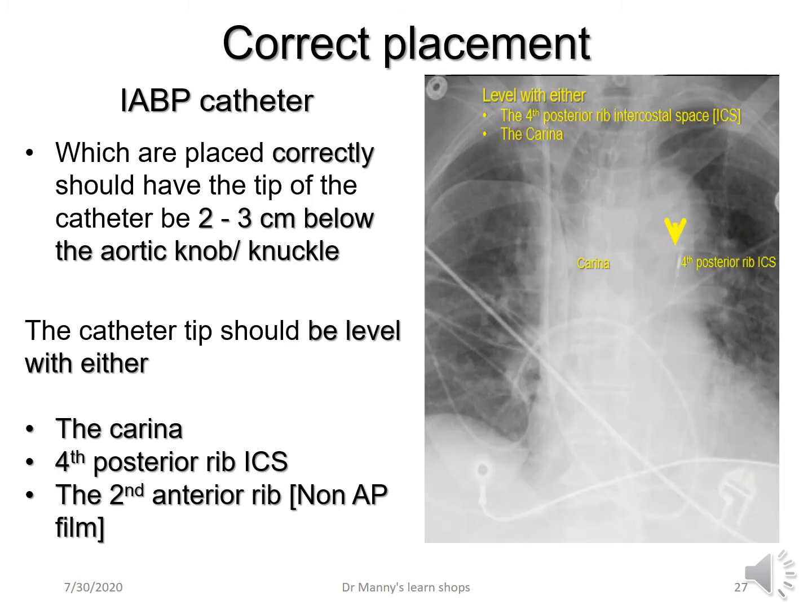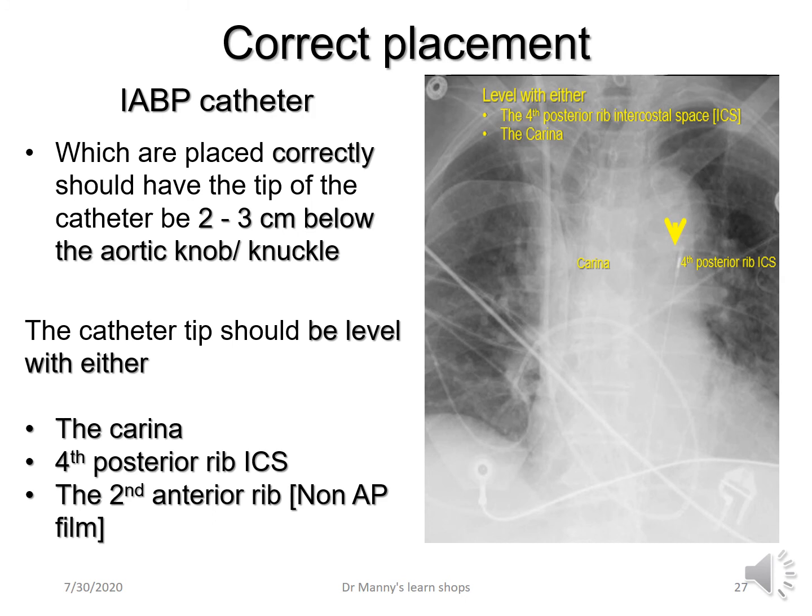Again, level with either the fourth posterior rib intercostal space, the carina. I haven't included the anterior rib here because this is an AP film. Very difficult to see. Interestingly enough here, you can note that the PA catheter is in way too far. Potentially dangerous.